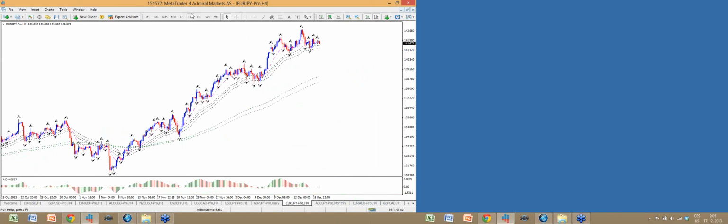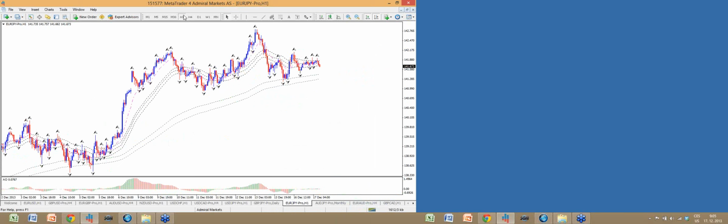The Euro-Yen could be something similar, in fact. Structure-wise, it looks very similar to Pound-Yen. Divergence here on a 1 hour chart already has had its effect, right?